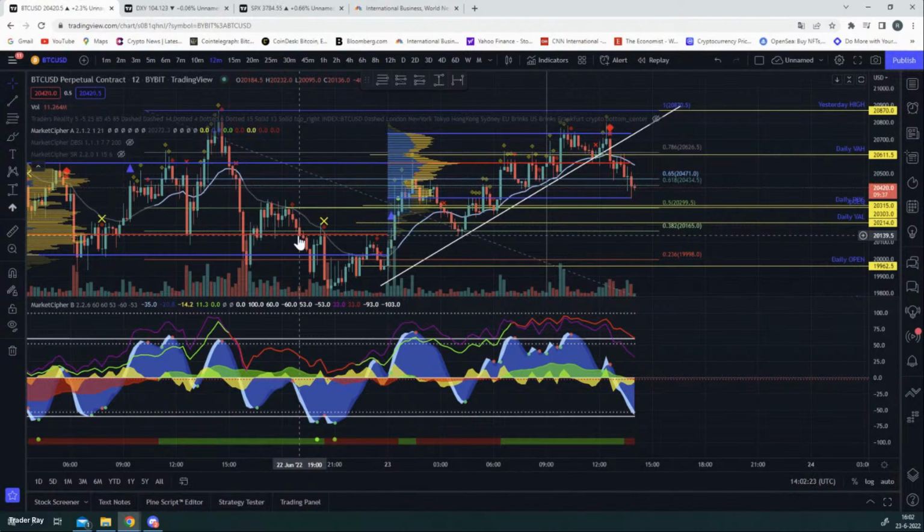Then tomorrow you can buy this for 21,000, let's say one Bitcoin. But if the current price is approximately 20,400, they're like, damn, I need to buy at a much higher price than it is right now. So I'm making a loss of $600 per contract if one contract is one Bitcoin.